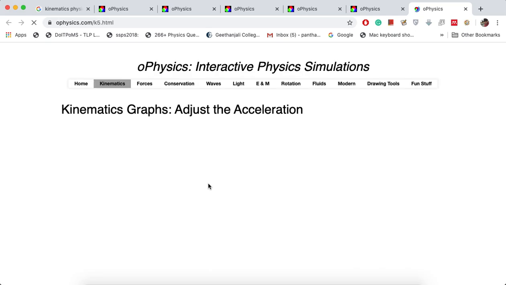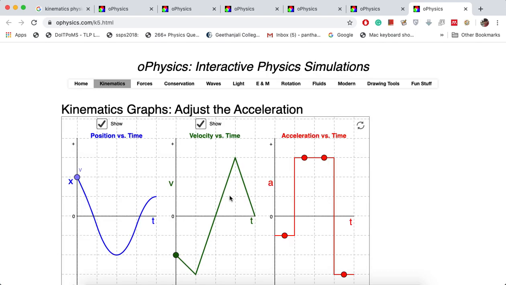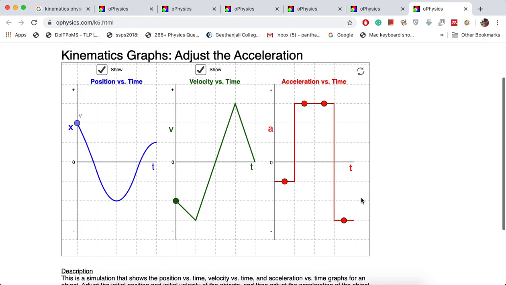And the final graph I will show you. In this graph I will show how the acceleration affects the velocity.